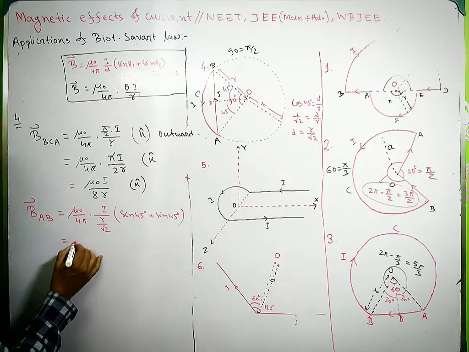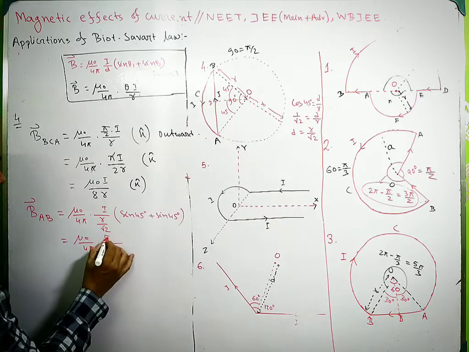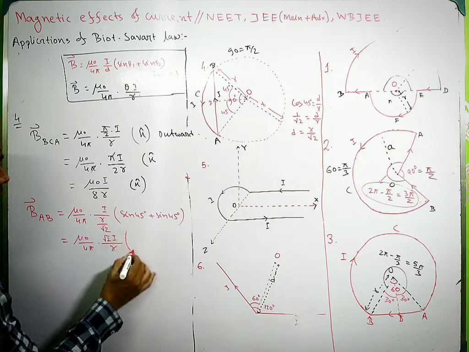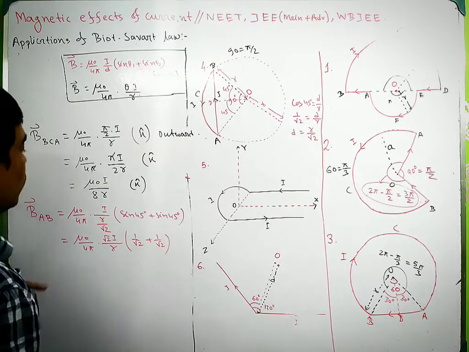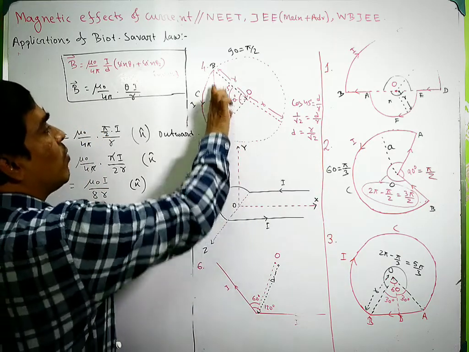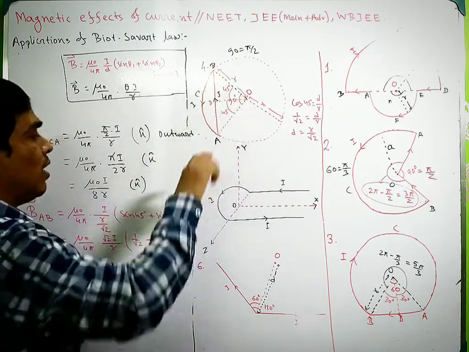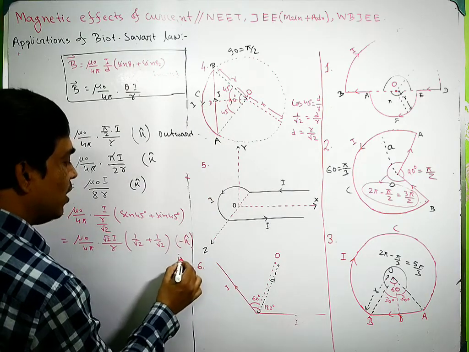So it will be mu 0 by 4 pi into root 2 I by R, this is 1 by root 2 plus 1 by root 2. The direction: this is the direction of current, so it is inward. So the direction will be minus k cap, that means inward.